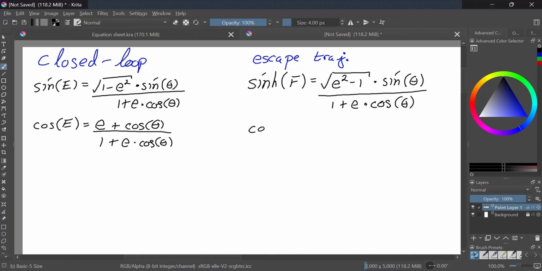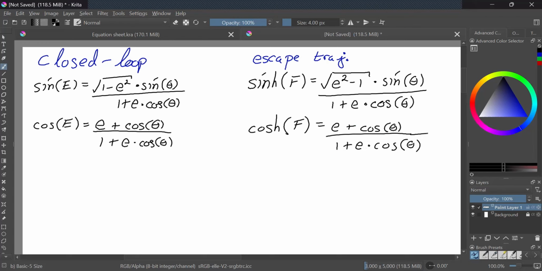And the hyperbolic cosine, or cosh, you see why I refer to it as cosh and cinch. That is eccentricity plus the cosine of theta over 1 plus the eccentricity times the cosine of theta.